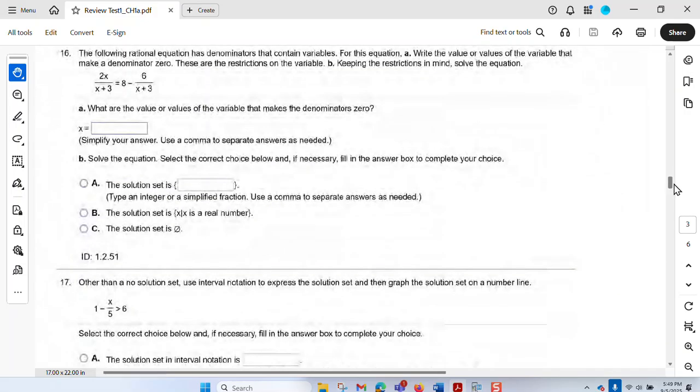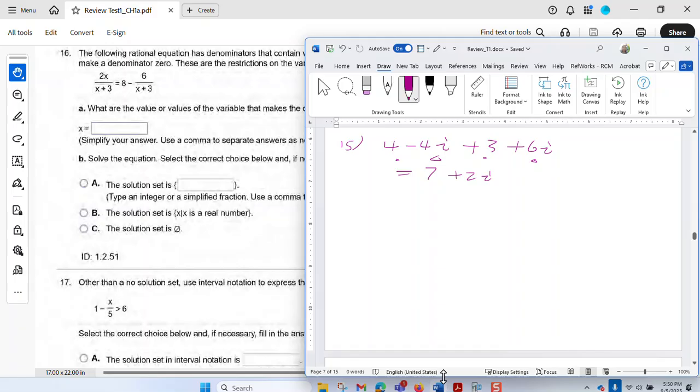Okay, this is considered a fraction or rational function, right? What is the value of the variable that makes a denominator 0? Remember we talked about the no. If you have a number divided by 0, that is considered undefined.